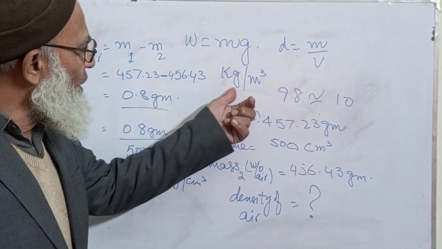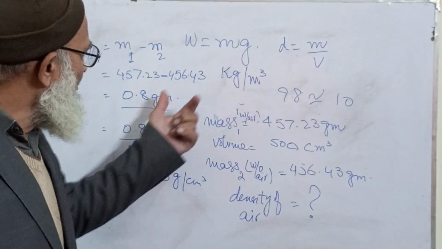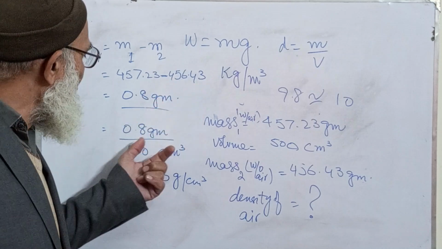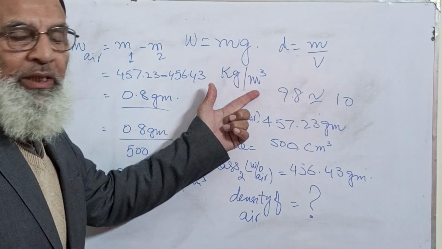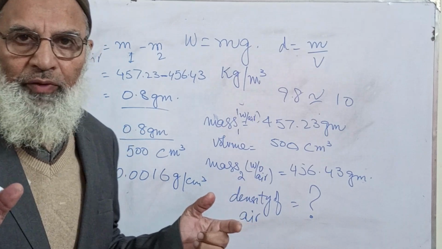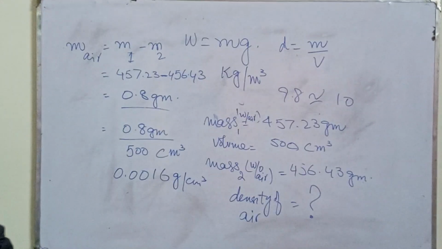So we have to change all the units. We have to change grams into kilograms and centimeters into meter cubes. It is very easy. I told you in the first lecture of physics how to change these things.